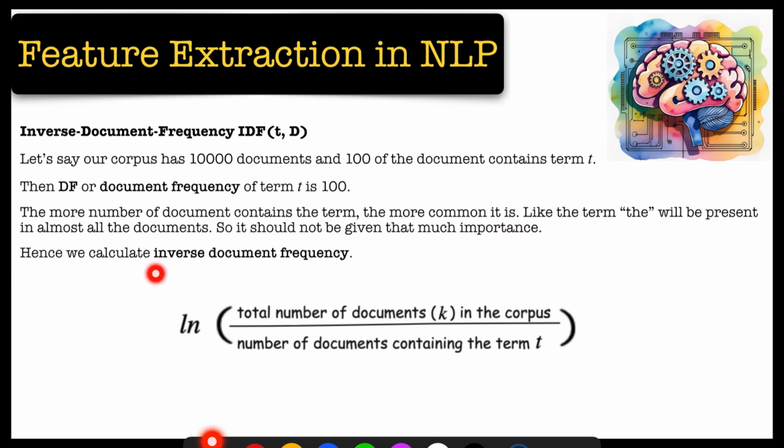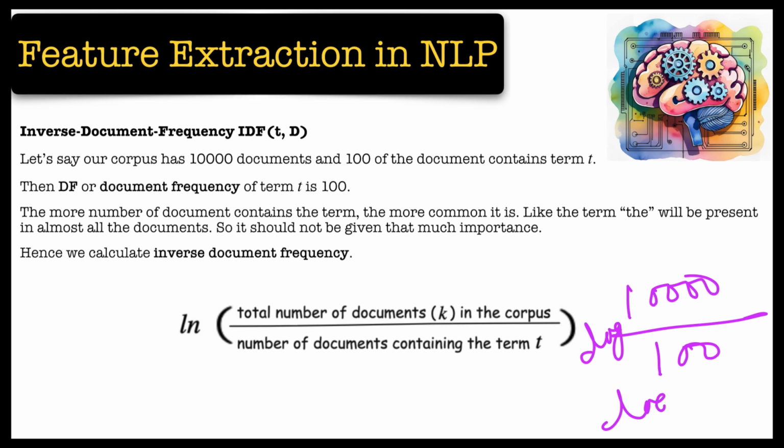That's why we calculate the inverse document frequency. It's the total number of documents in the corpus divided by the number of documents containing the term T, and we take the log of that. In this case it will be 10,000 divided by 100, and log of that, log of 100.